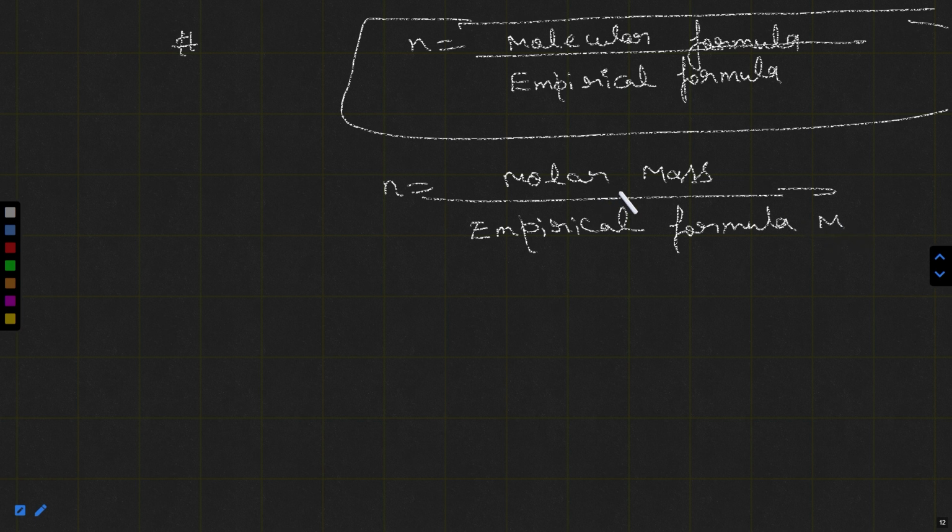In the numerator you write molecular mass. If the mass is given in gram per mole, it is molar mass; if given in gram or simply in u, you write molecular formula mass. And in the denominator you write empirical formula mass. So you will get the value of n, and we used this formula in this particular question.